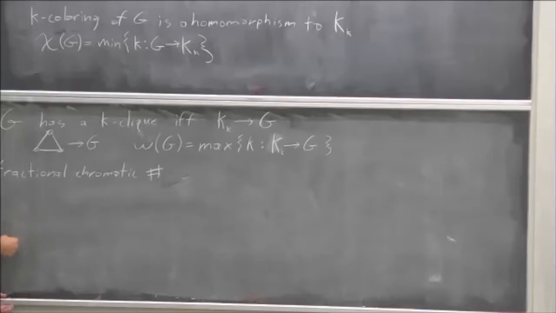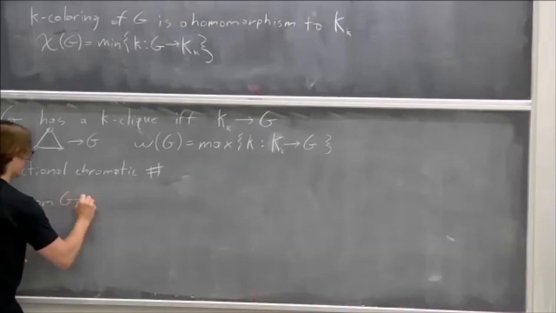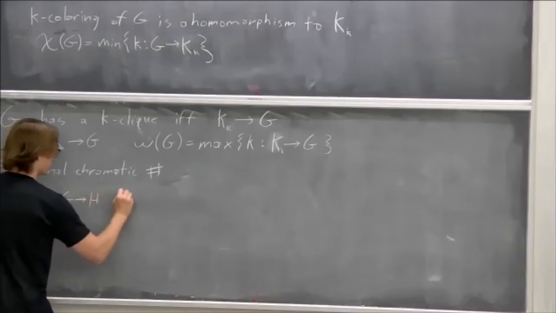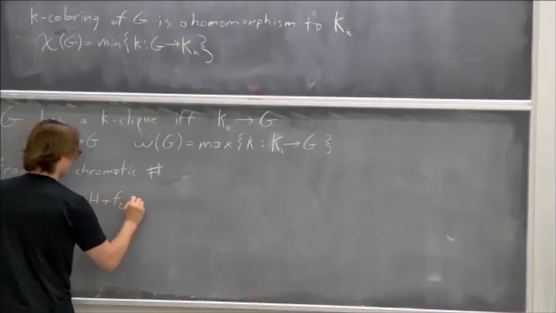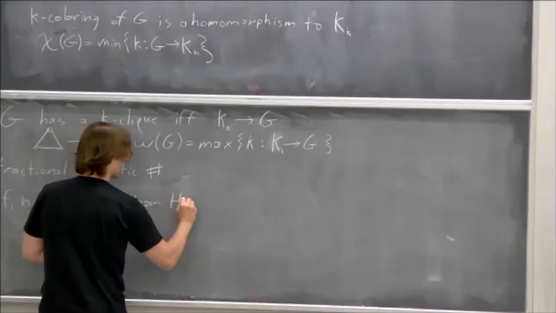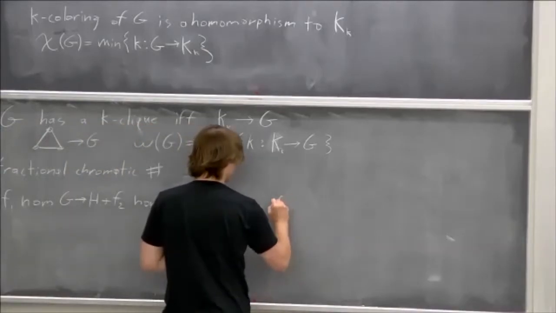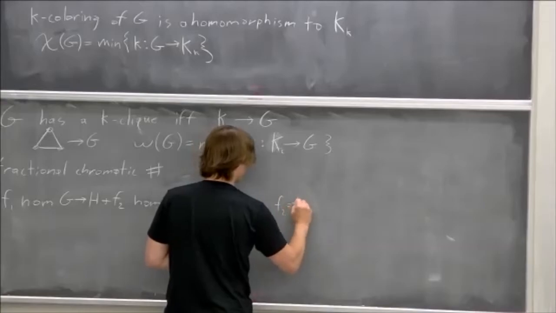And another nice thing about homomorphisms is that they compose. So if I have F1, which is a homomorphism from G to H, and F2, which is a homomorphism from H to K, then I can compose them. I take F2 composed with F1.